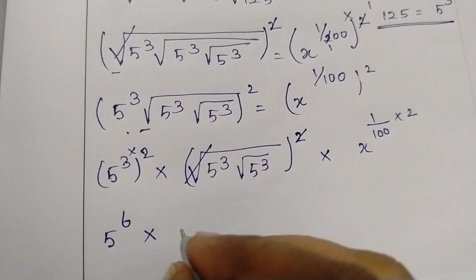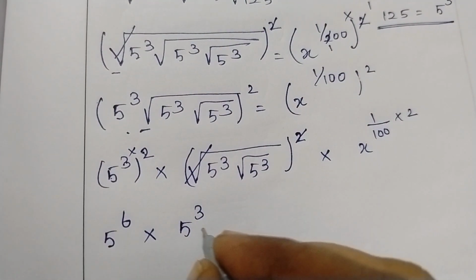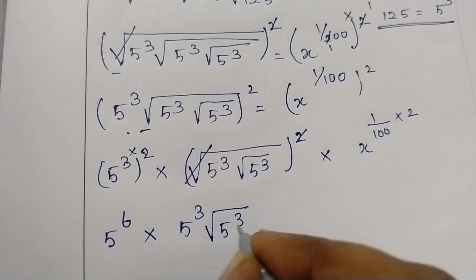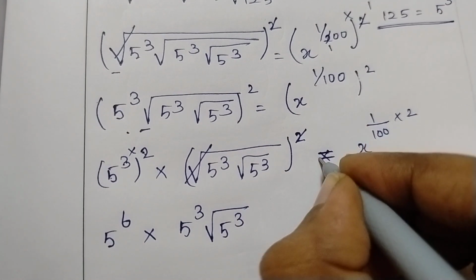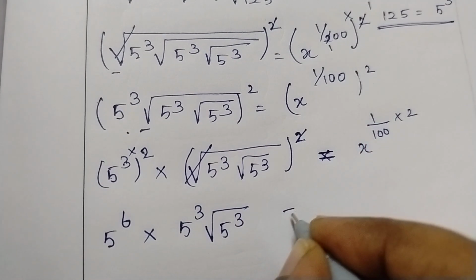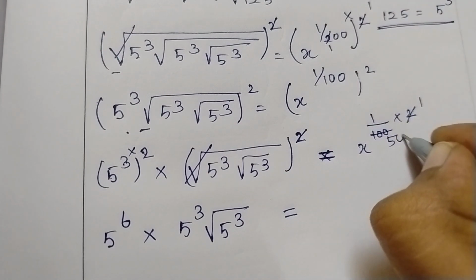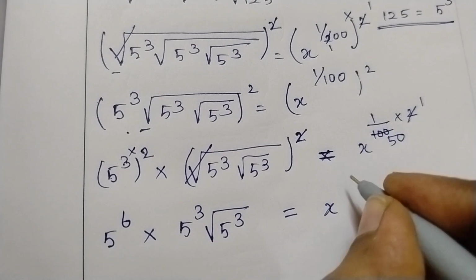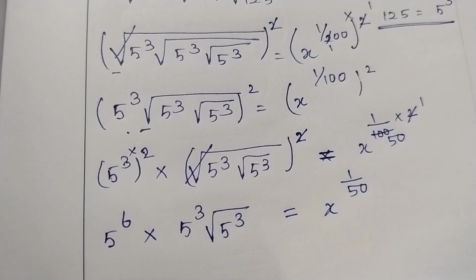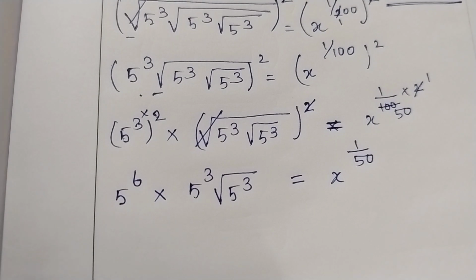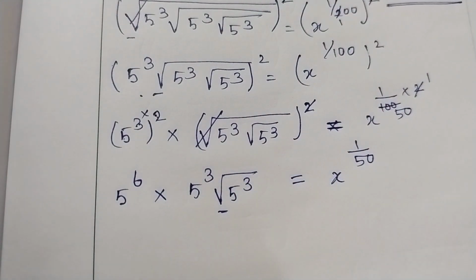So what we have here? 5 cube, the root 5 cube, sorry, wrongly written like this, which is equal to 1 by 2 is 5 times 50. So on the right hand side we have 1 by 50. Okay. So next step what do you have to do? Again we have a root here.